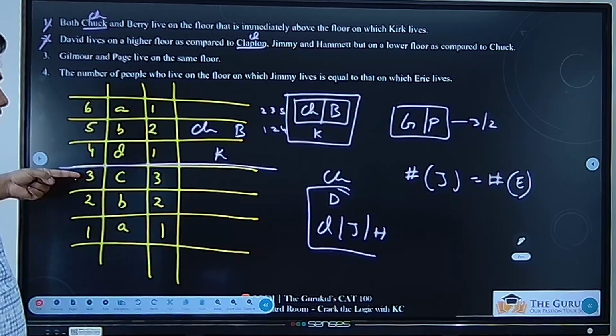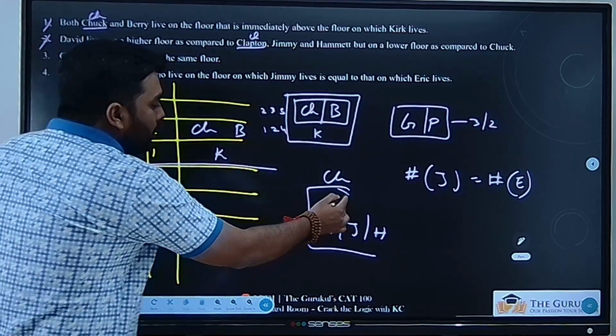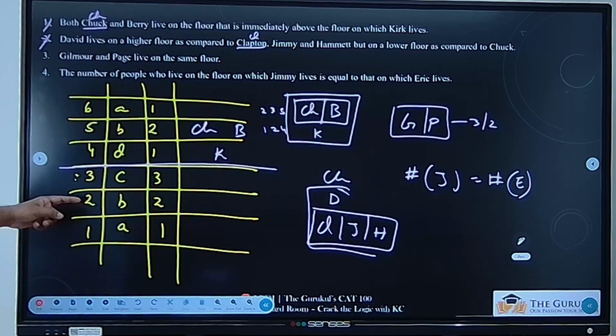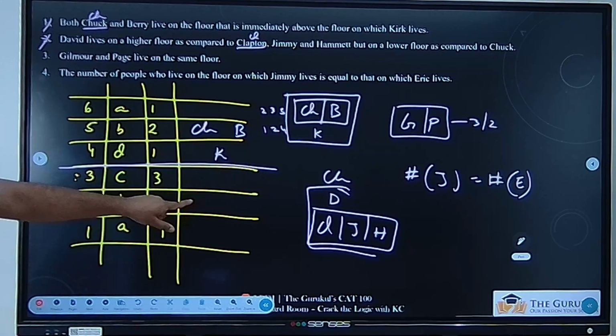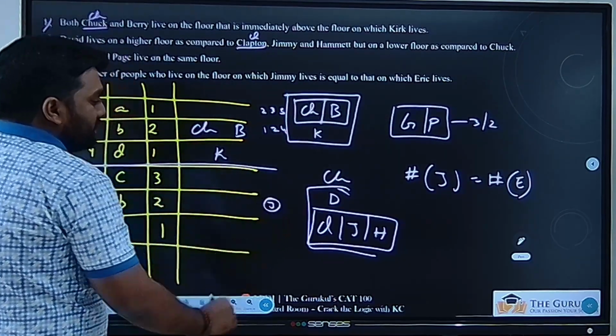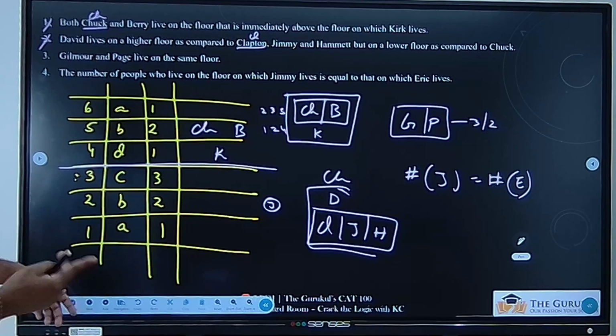Can J come in the 3rd floor? J cannot come in the 3rd floor because below D, these 3 people should live. So J should be coming in 2nd floor or 1st floor only. If J is coming in the 2nd floor, E should be coming in the floor in which 2 people are living. What is the other floor in which 2 people are living? 5th floor.